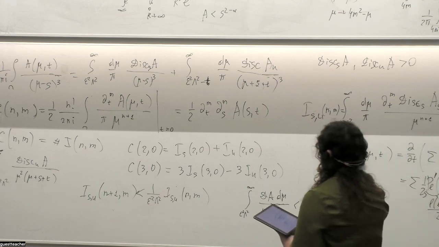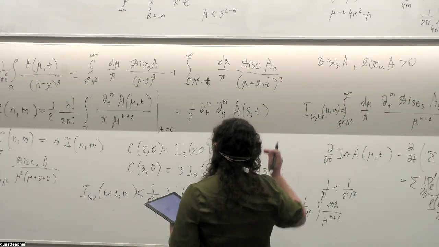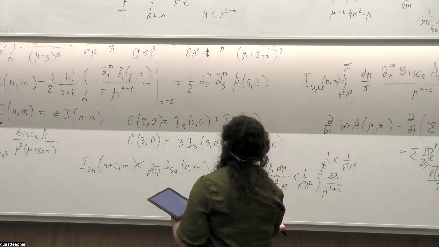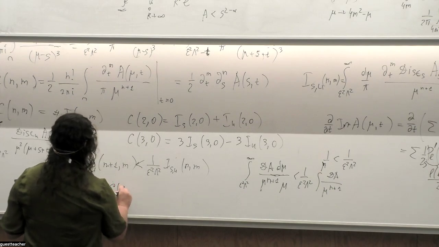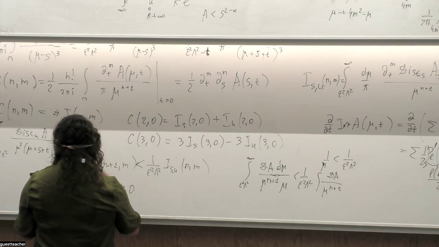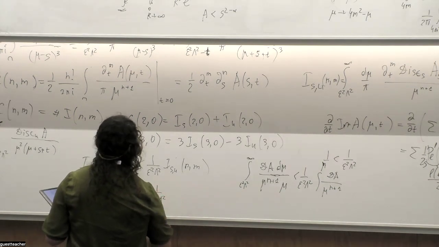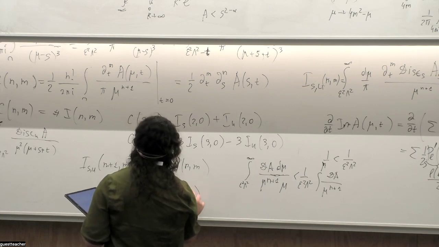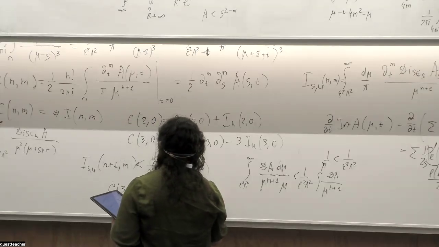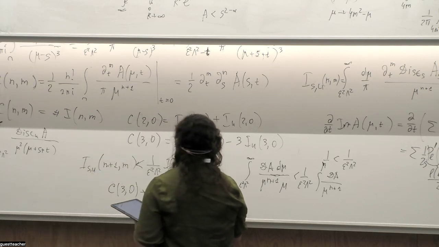This is very useful because apparently I can derive the bound for the S cube term, would I have it in the theory. I can simply write that the combination of C30 plus 1 over epsilon squared lambda squared of C20, with coefficient 3, should be positive.